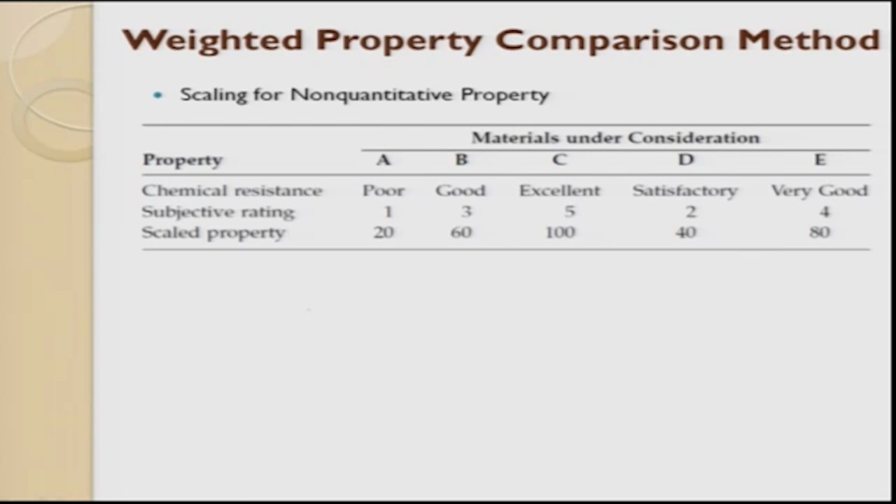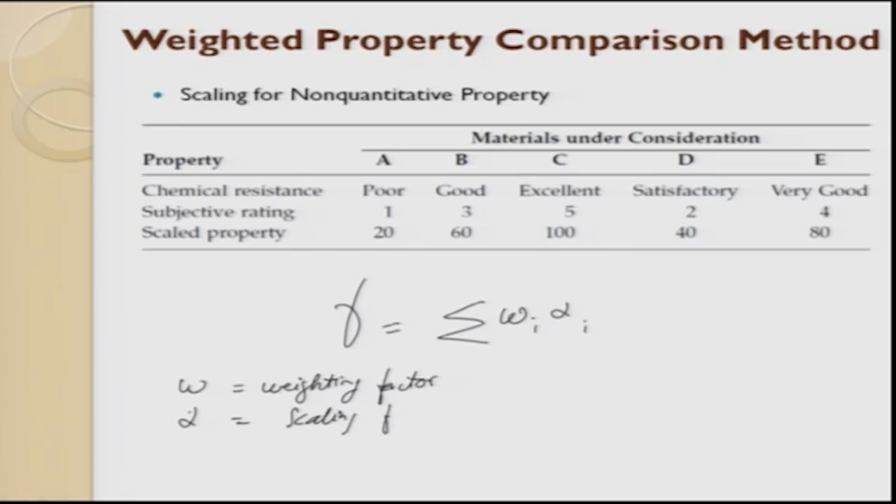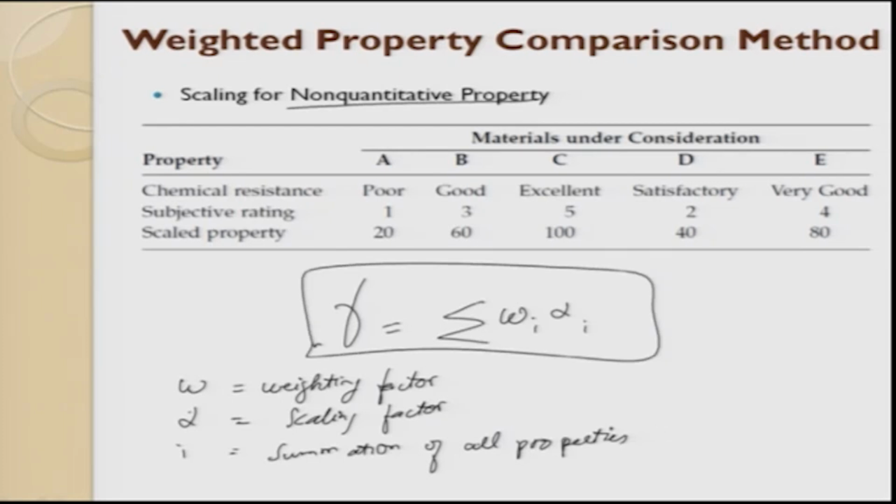So here is the scaling for the non-quantitative properties. Finally it comes to a new term called gamma, which is the summation of wi into alpha i, where w is the weighting factor, alpha is the scaling factor, and i is the summation over all properties which you have considered. So we get a term called gamma. This is a non-qualitative property.